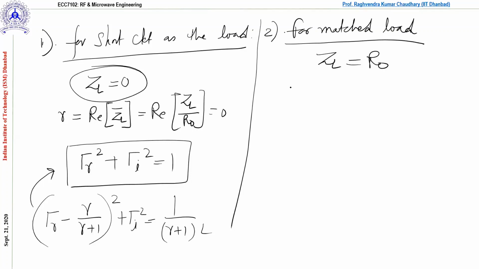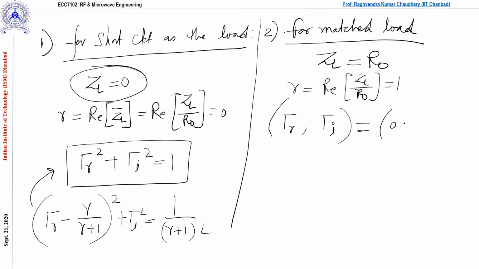In that case, small r would be the real part of ZL over R naught, and ZL is R naught here, that is why this is 1. It means that the center of the circle in the gamma r, gamma I plane will be 0.5 comma 0.